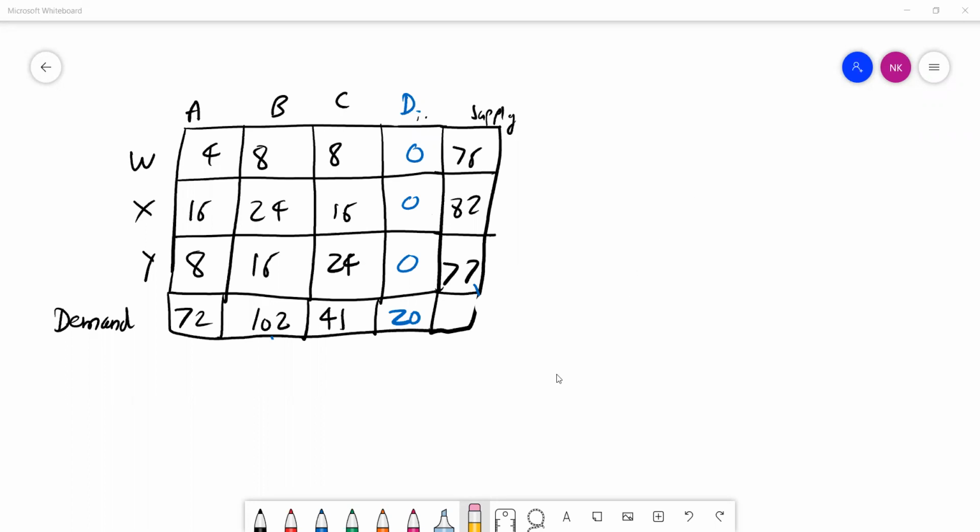Okay. So the first step is to find the penalty. So find the penalty over here.